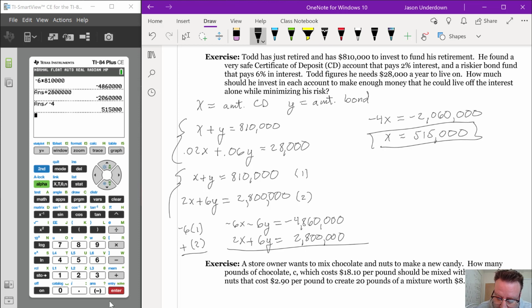So I have this equation, 515,000 plus y equals 810,000. Solve for y by subtracting 515,000 from both sides, and I get, I'll do it on the calculator, why not? 810 minus 515, that's 295,000.